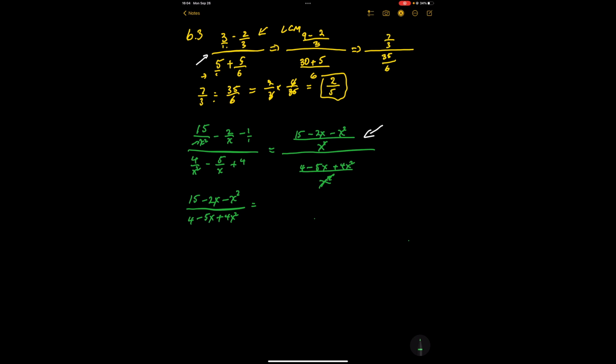Now let's multiply the top one by -1. So we would have x squared plus 2x minus 15 over 4x squared minus 5x plus 4. I'm just rewriting everything, but the top part I just multiplied by -1, and the bottom one stays the same.